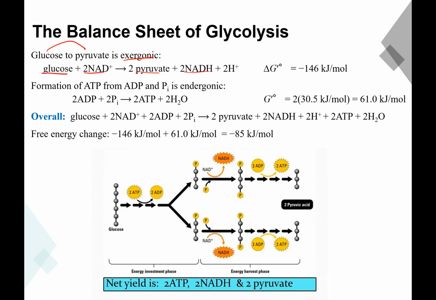And it is in fact costly to add inorganic phosphate to ADP, which we will be doing, and that costs energy. So the negative free energy here is our bonus prize. The positive free energy here is a cost.